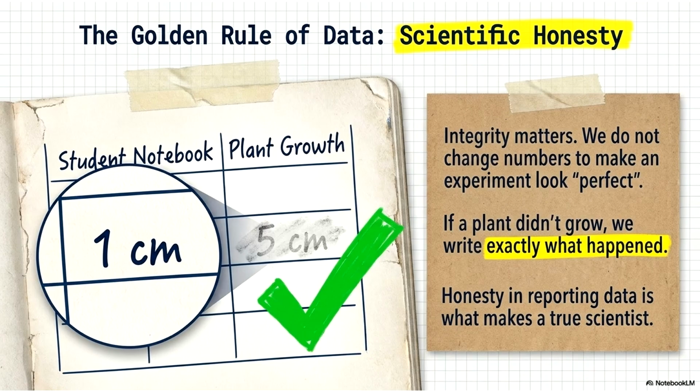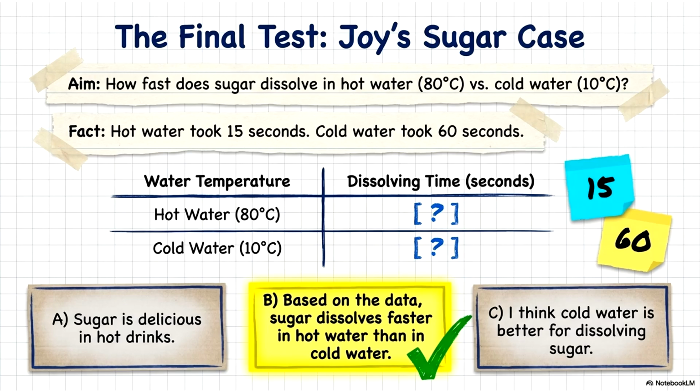Now let's use everything we learned and solve one final science case. Joy wanted to find out if sugar dissolves faster in hot water or cold water. The results showed that sugar dissolved in 15 seconds in hot water.